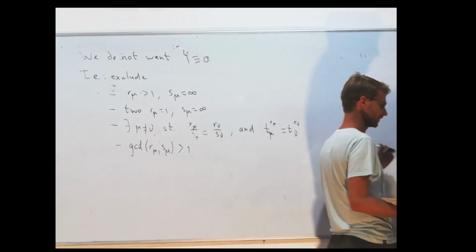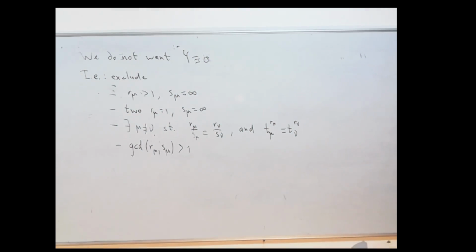So these are pretty naive exclusions, right? These are things that, just from a geometric point of view, we really don't want because something very simple in the assumptions of TR goes wrong already.